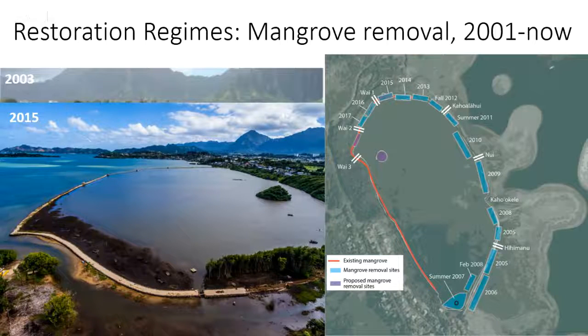The blue areas indicate where mangroves were and have been completely removed, and only the red line shows where there's still mangrove forest. The ultimate goal is to remove all the mangroves and clear the area completely from this type of invasive species.